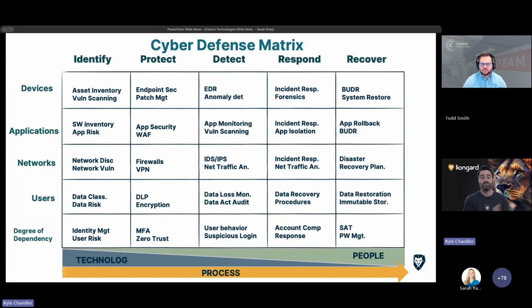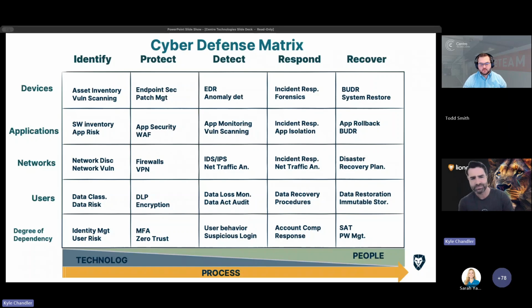How do I protect them? And then how do I ultimately detect if something happens, respond to that, and recover? That's why you work with professionals like Center Technologies to do that. But ultimately, there is so much going on here. And how do I really know, out of these five matrices, where's the focus? Where do we sit? How do we find that balance?